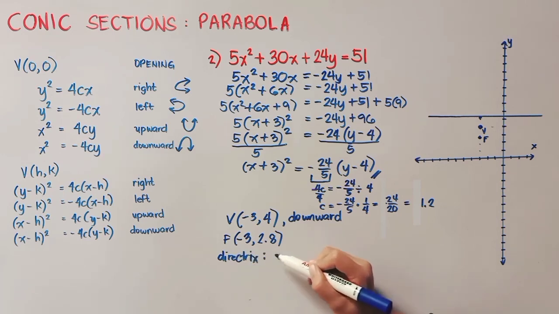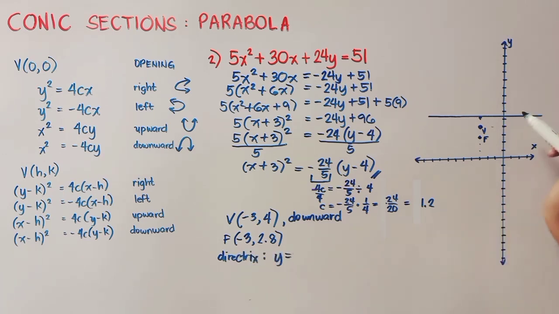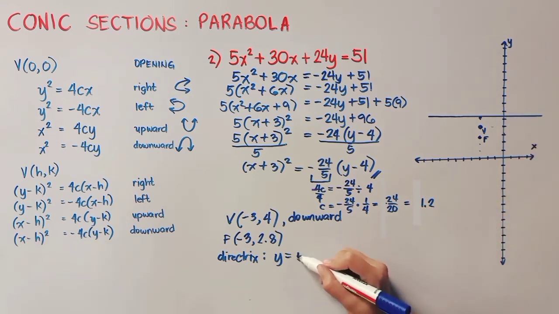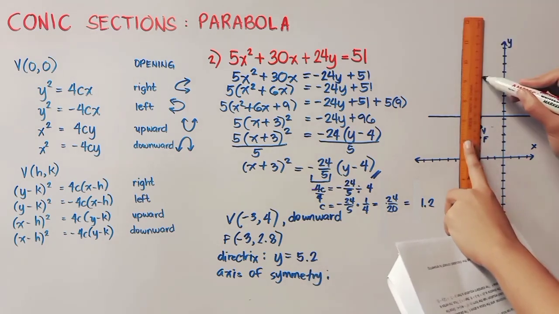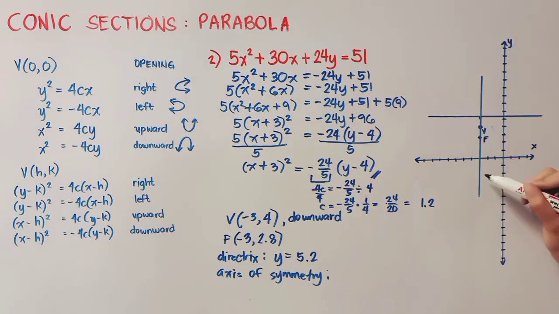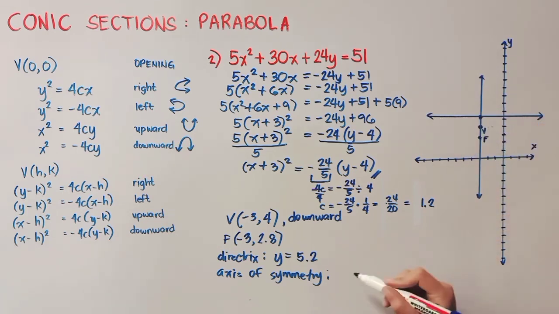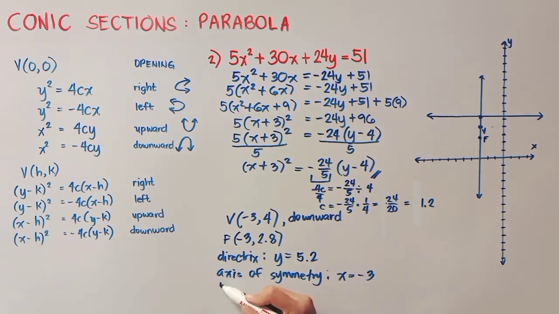Therefore, our equation is y equals positive 5.2. Now, let's get our axis of symmetry. This is a line that passes through the vertex and the focus. So, it is this line hitting negative 3 in our x-axis. Therefore, our equation here is x equals negative 3.